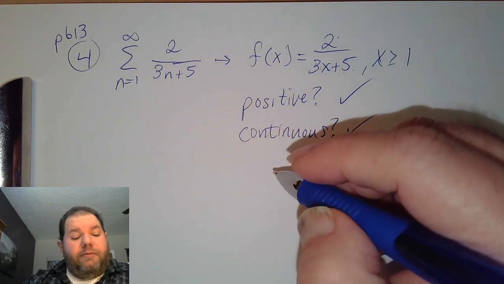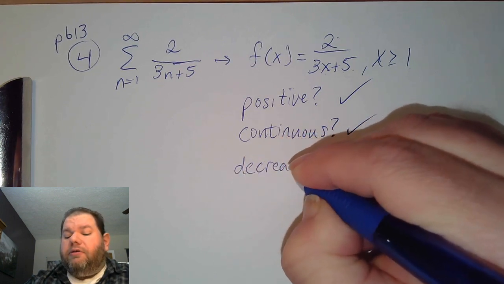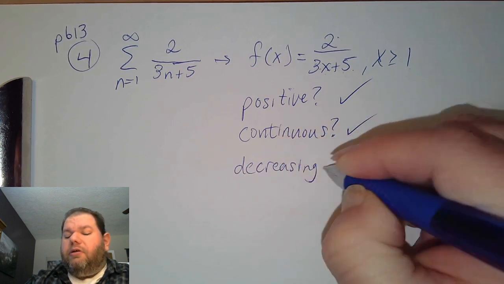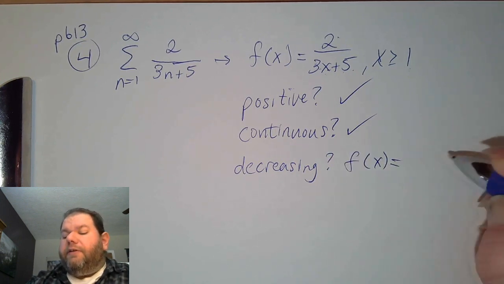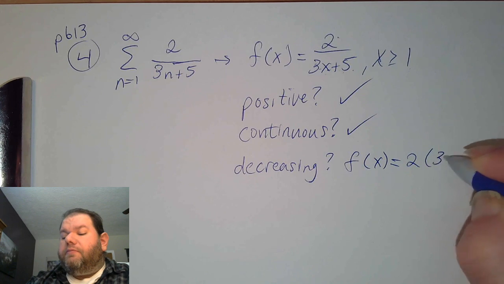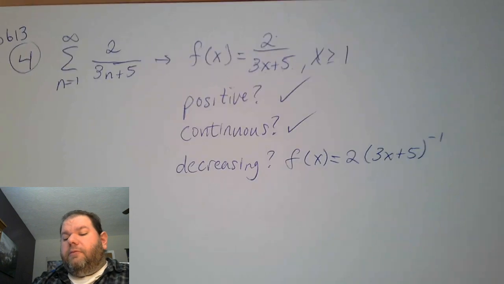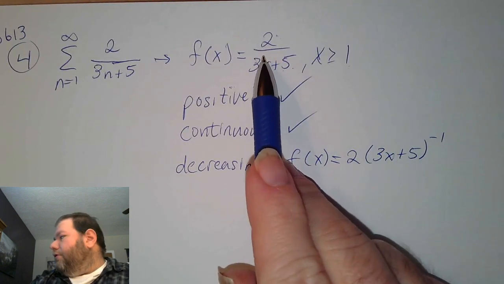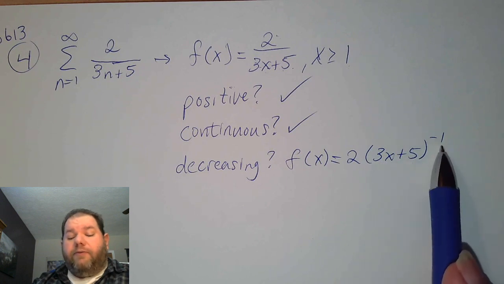Now, as I said, the more complicated one is the decreasing part. Because in this case, we'll have to take the derivative. So what I'll do is I'll take the function here and write it as 2 times 3x plus 5 to the negative 1.